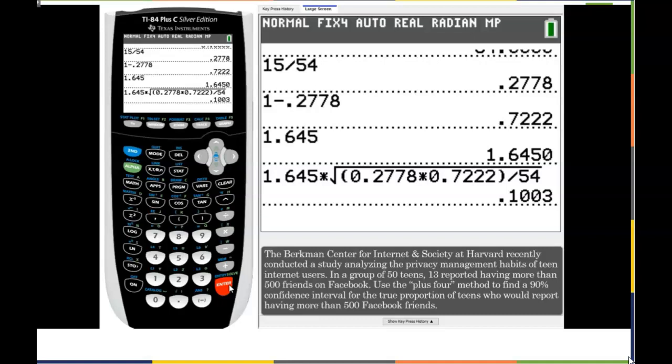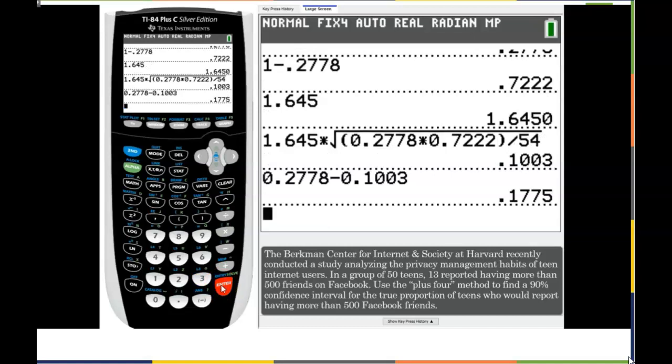Now that I know my error, I'm going to find my low end of my confidence interval and my high end of my confidence interval by taking my P prime and subtracting out my error, and then taking my P prime and adding my error. So 0.2778 minus my 0.1003. My low bound is going to be 0.1775.